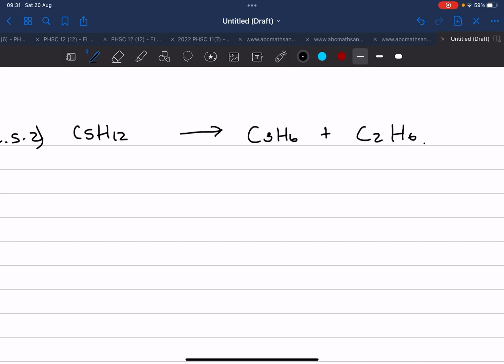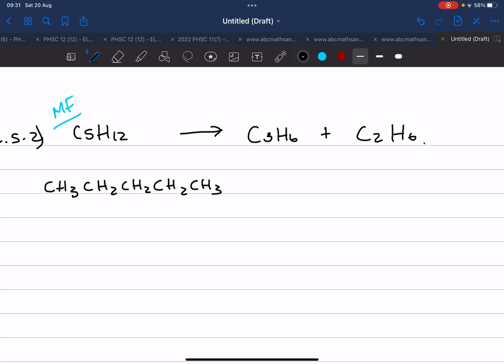That's not the answer yet, because this is the molecular formula. They ask for condensed structural formulas. So now I must write it out properly. So this is CH3, CH2, CH2, CH2, CH3.